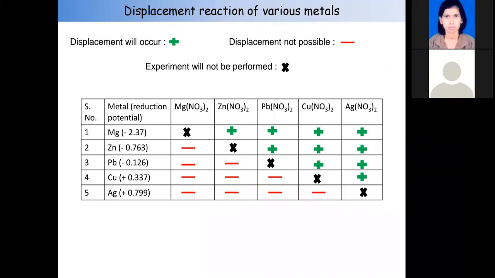You see, magnesium metal being the strongest reducing one, it can displace all 4 metal ions, zinc, lead, copper, and silver from their nitrate salt.